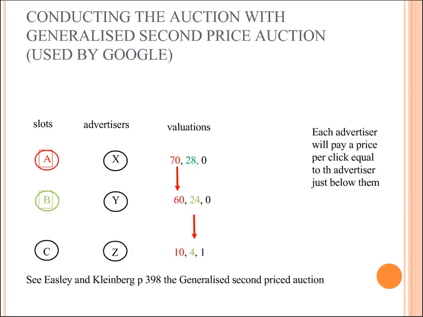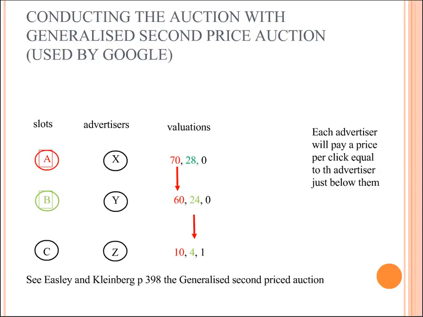So the highest bidder for slot A is X, and he is bidding 70, and we're using the second price auction method. So basically the winner, 70, will pay the next highest bid, which is 60.